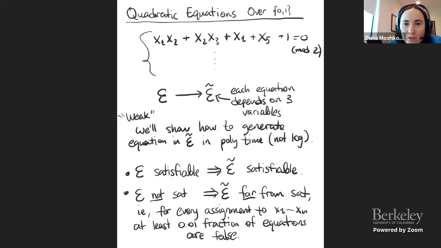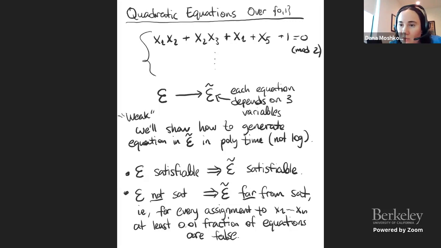Polynomial here refers to polynomial in the size of E. I assume that I start with a system of equations with n variables and say order n equations. And now I can generate each equation in polynomial time in n. Hopefully this answers the question.